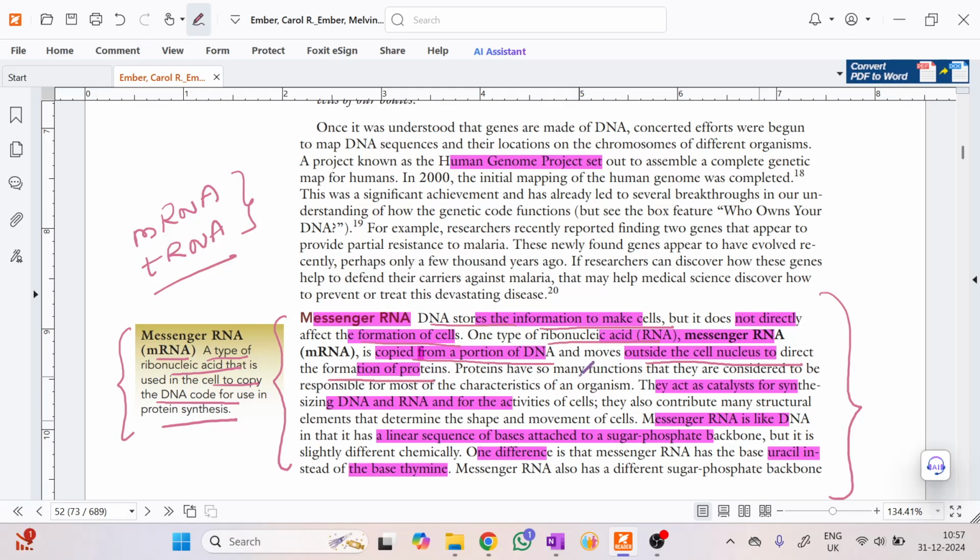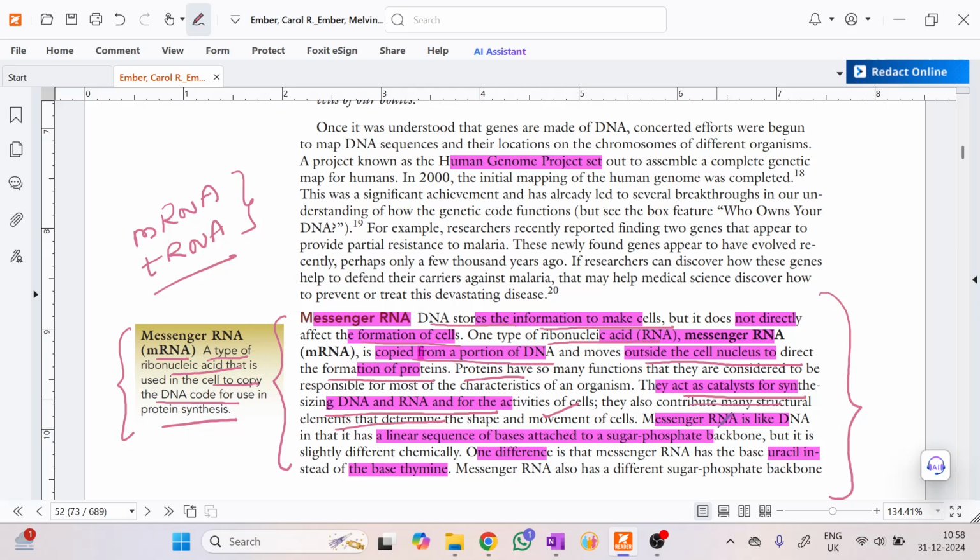They have so many functions, and most of our organs and tissues, both internal and external, are run by proteins. They also act as catalysts for synthesis of DNA and RNA for the activities of the cell, and they contribute many structural elements that determine the shape and movements of the cell.